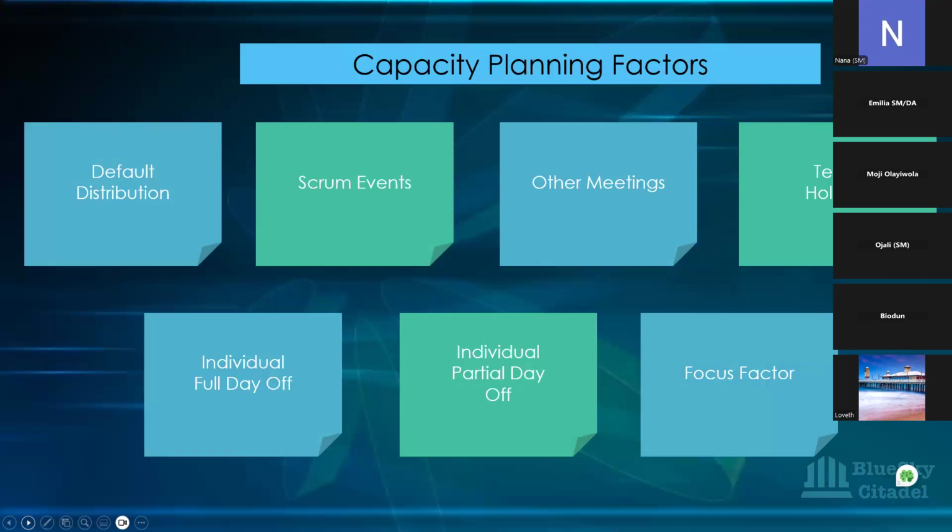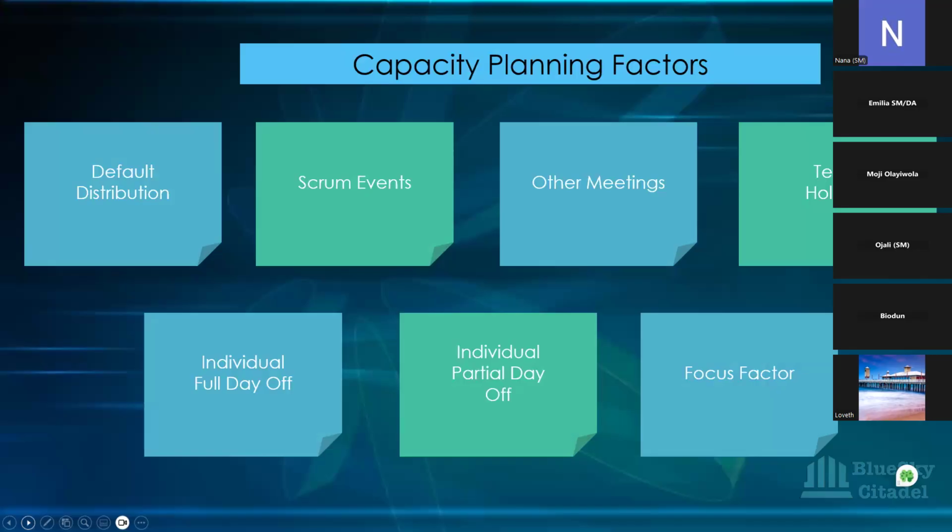You're looking at trainings, people going on study leave. You're looking at ad hoc meetings, because your three amigos and all that is one of your ad hoc meetings, and it doesn't fall within your Scrum ceremonies. There are other meetings that need to be done. It might be that the developers have their own group, and maybe the head of technology just wants them to go for a particular training based on a system or IT upgrades that the company wants to be using.